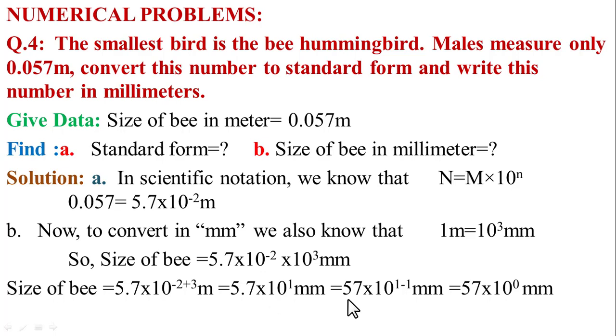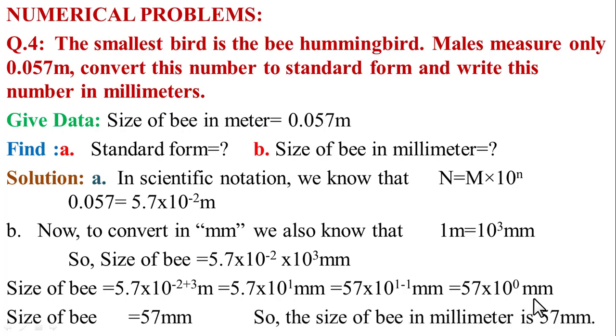So the answer is 57 multiplied by 10 raised to power 0 millimeter. Then we can write that any base raised to power 0 is equal to 1. So size of bee is equal to 57 millimeter. We can write that the size of bee in millimeter is 57 millimeter.